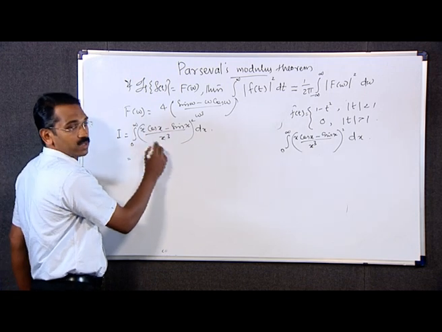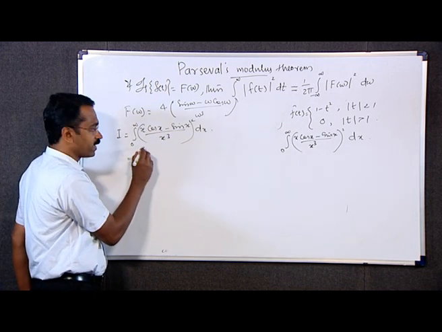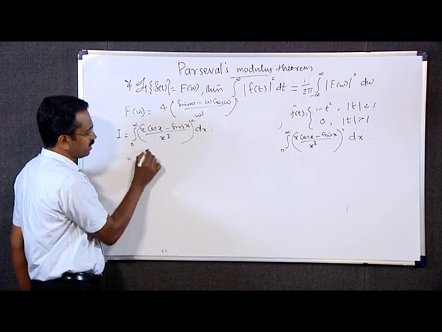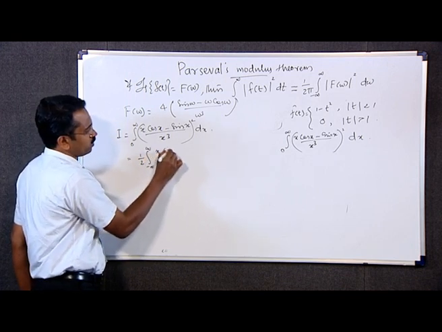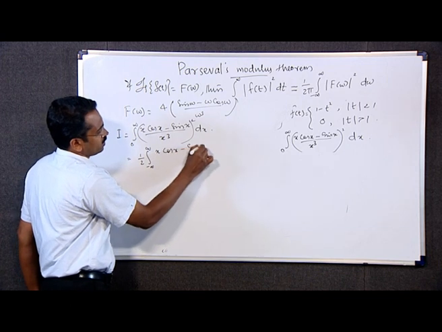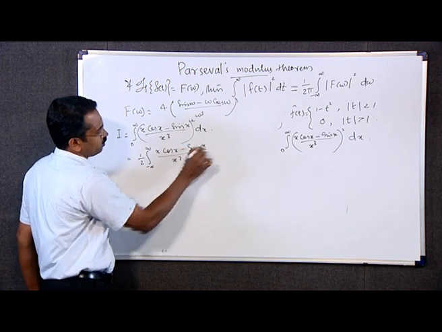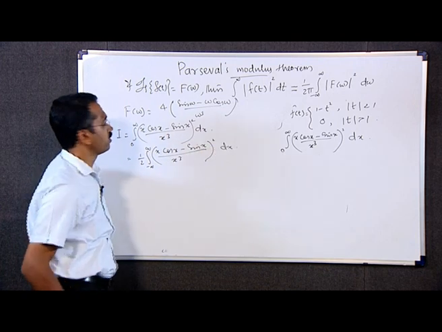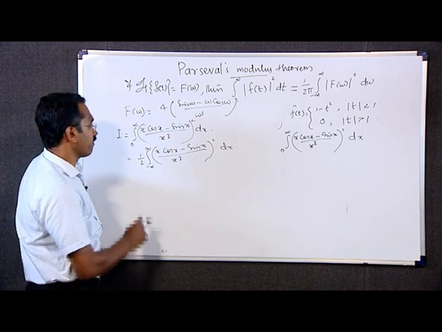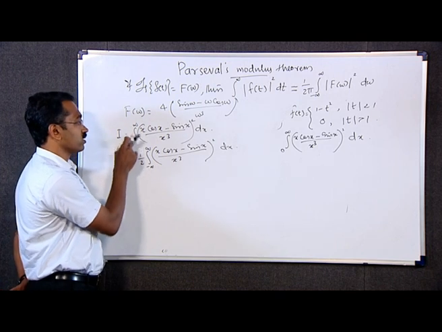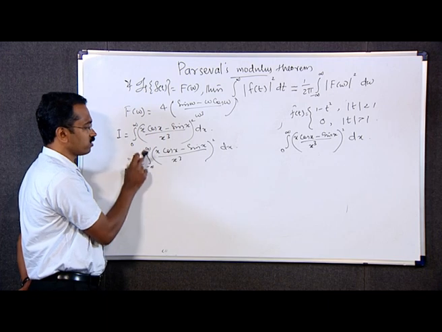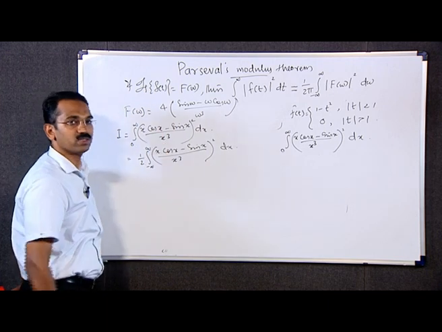Therefore, this integrand is even. Therefore, we can write this as 1 by 2 into integral from minus infinity to infinity of (x cos x minus sin x) divided by x cube, the whole square, dx. By the property of definite integral, we can write this integral from 0 to infinity as 1 by 2 times integral from minus infinity to infinity, because this integrand is an even function.